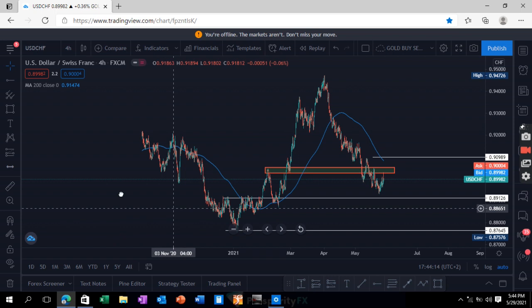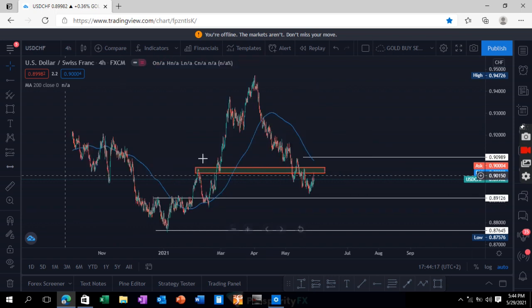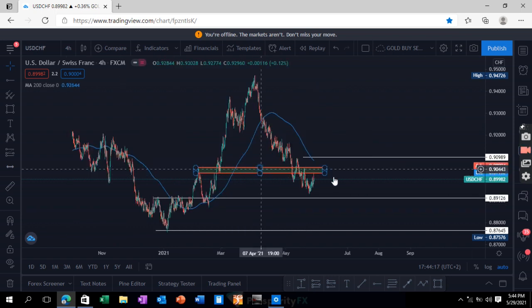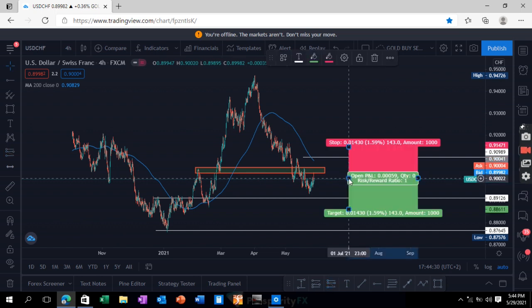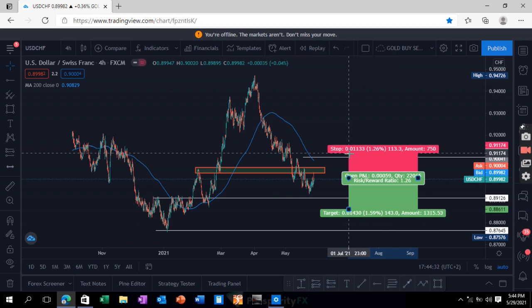So with this kind of a setup, let's confirm this and see how much we are risking and how much we are likely to gain if price went in our favor.